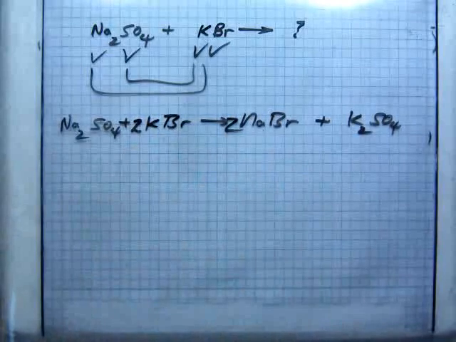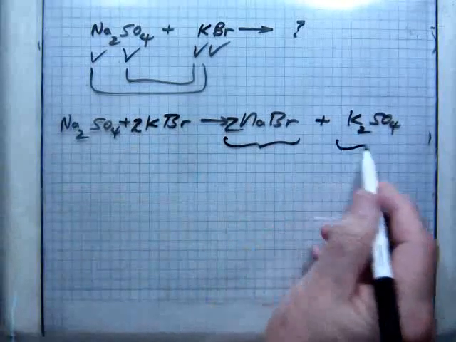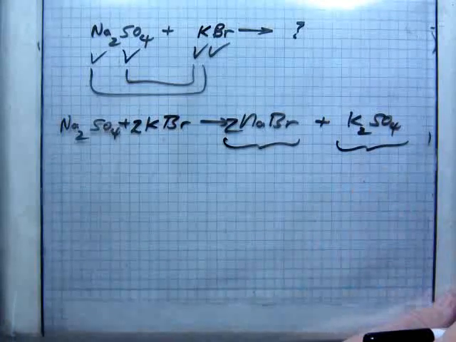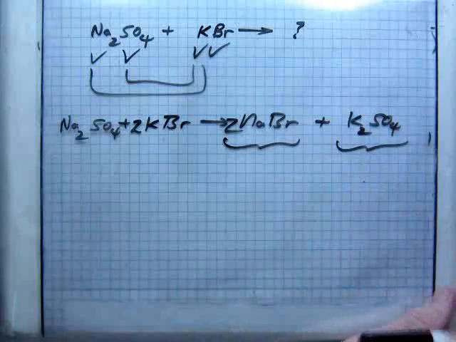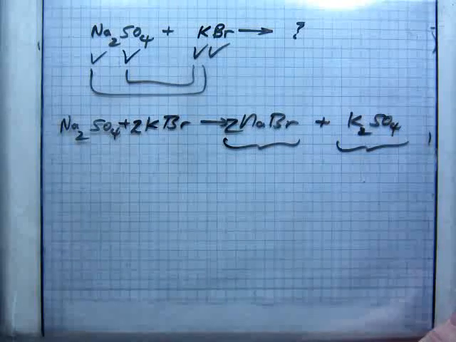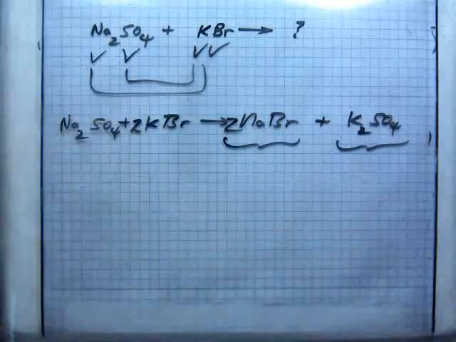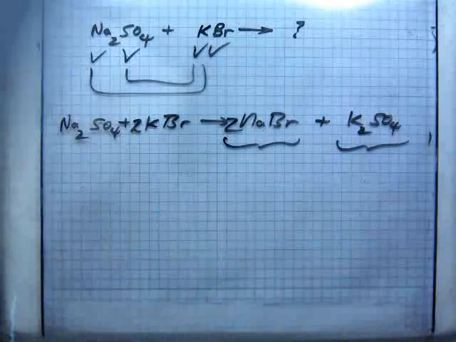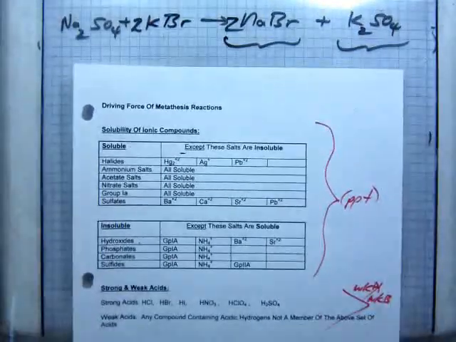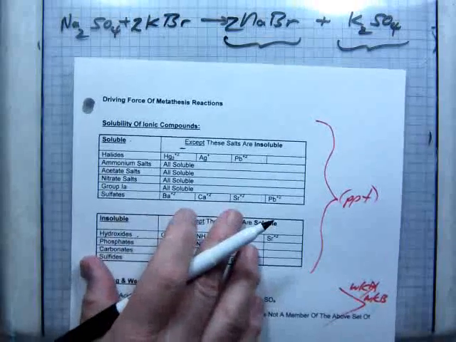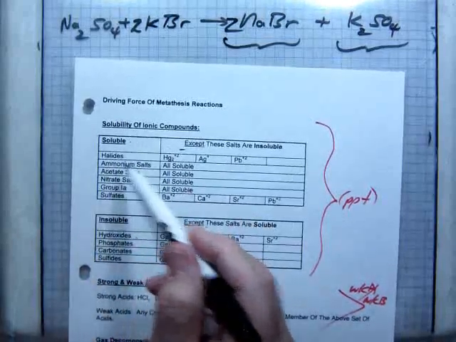So now we need to look at each one of the compounds on the product side, to see if it's a precipitate or not. Only precipitates will generate our driving forces, and they'll come out of solution. So here's sodium bromide. That's a halide. So we look on our sheet and say all halides are soluble except mercury, silver, and lead.